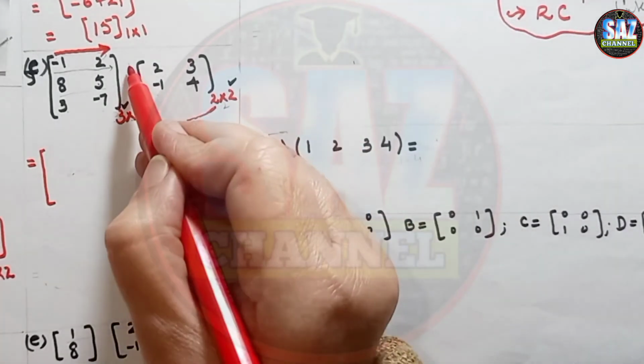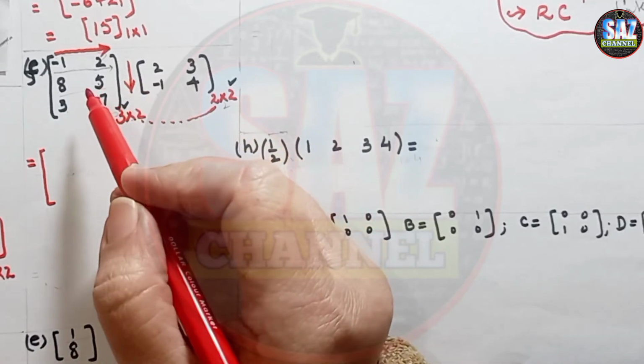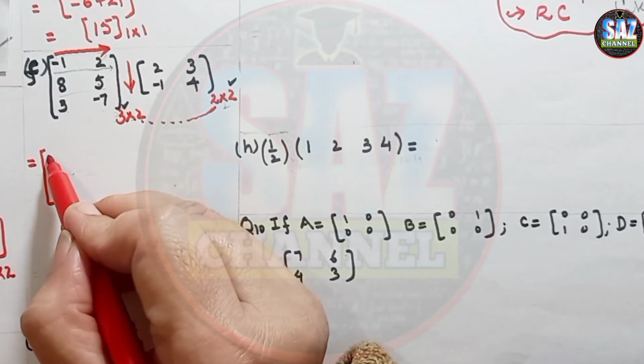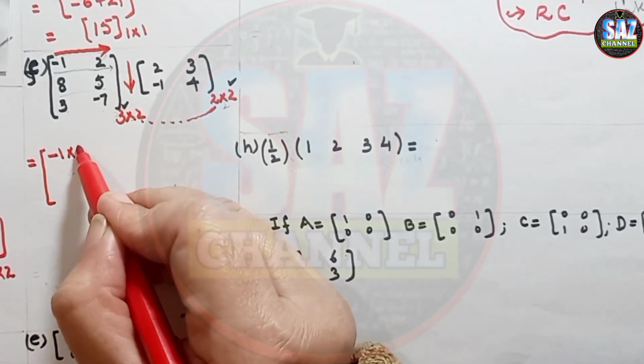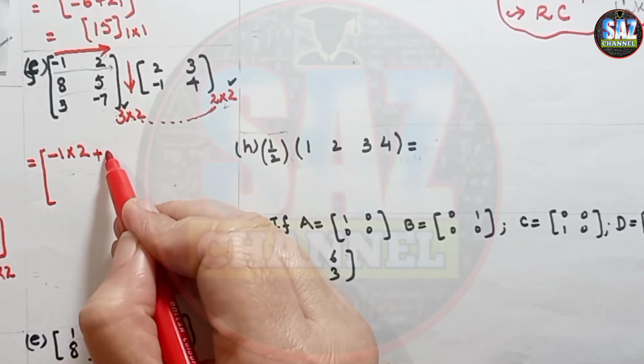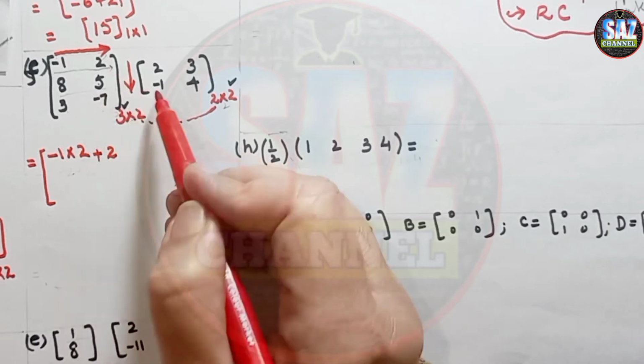Okay, I have to pick up the first row of first matrix and multiply it with all the columns of second matrix, like -1 will be multiplied by 2, then +2 multiplied by -1, 2 multiplied by -1.